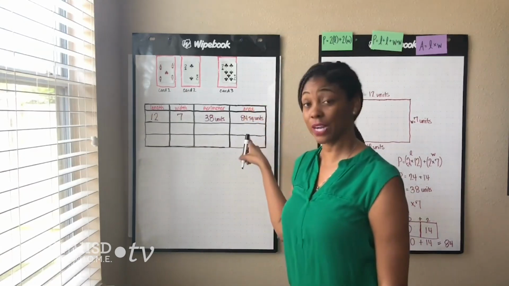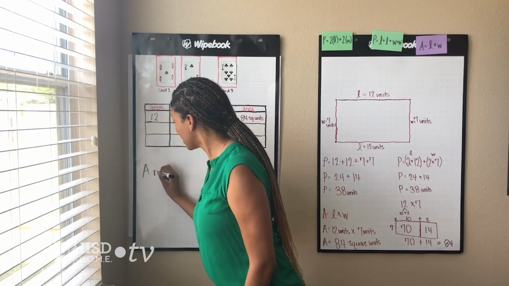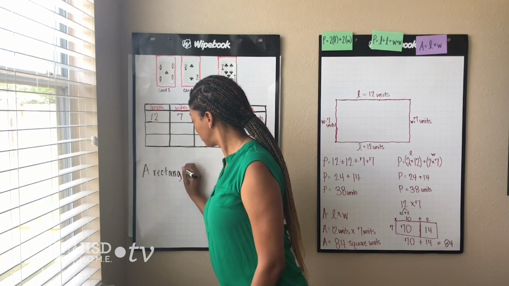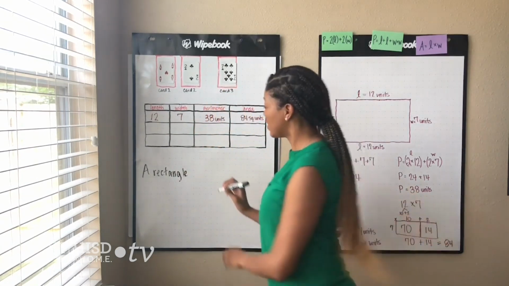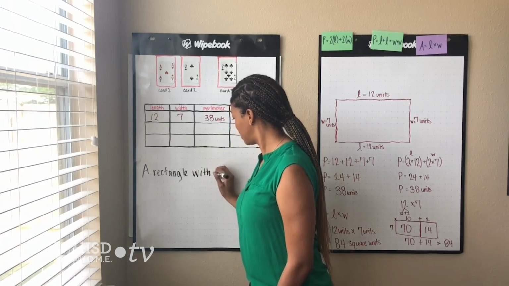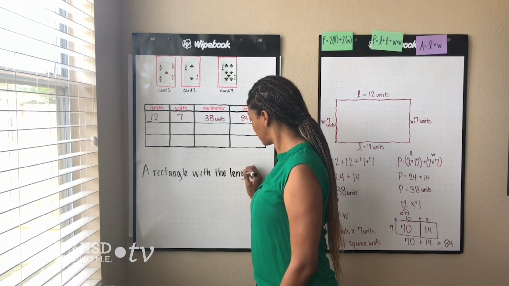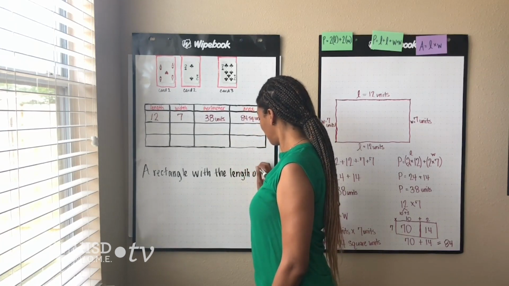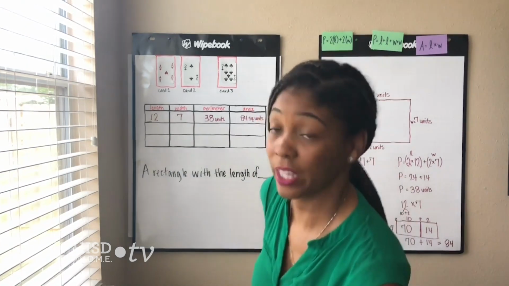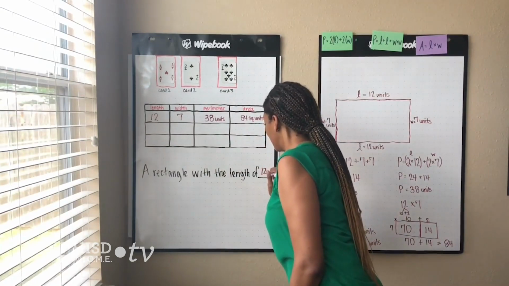And remember, we built a rectangle, so a rectangle with the length of, blank, and our length was 12 units. So I'm going to put 12 units.